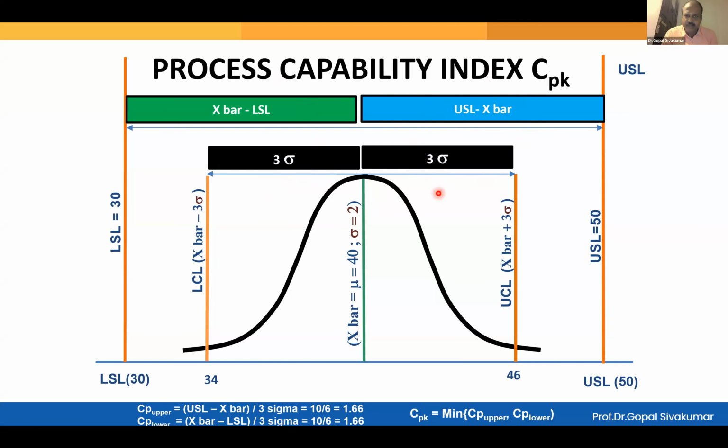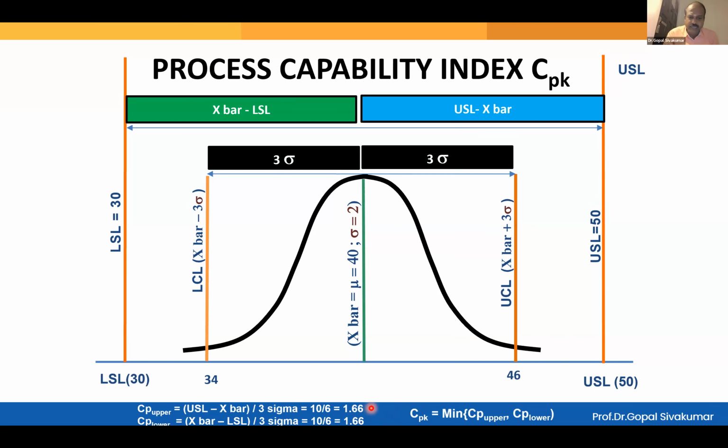All of you are with me? The ratio on the right side will be equal to a ratio on the left side. This is true as long as your process is centered properly. See here, where the process is centered, I am calculating the right side ratio, CP upper, which is 1.66. I am also calculating left side ratio, which is also 1.66. Both are equal.